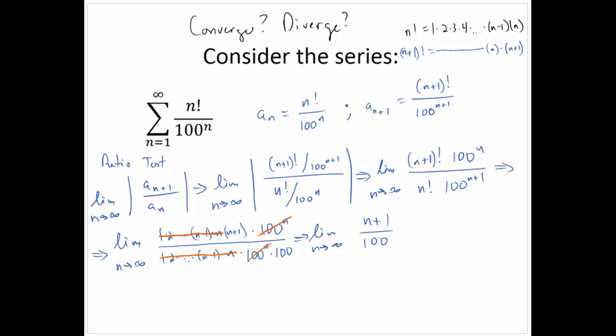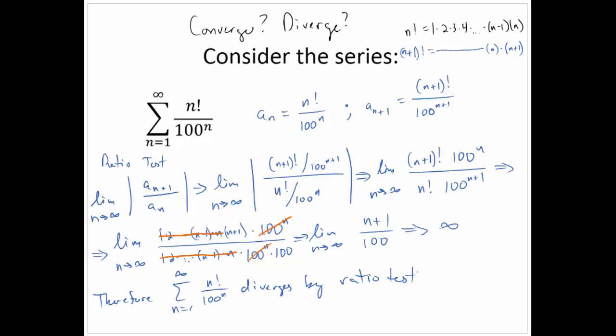And as n approaches infinity, this goes to infinity. So therefore, sigma n equals 1 to infinity of n factorial over 100 to the n diverges by the ratio test. Because it met that second case.